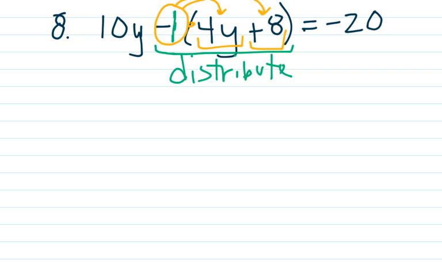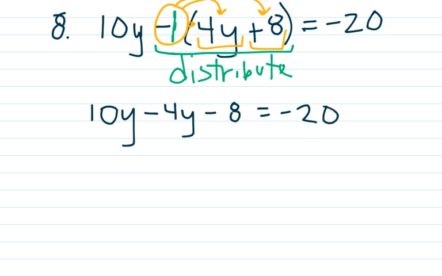So if we distribute that, we're going to end up with 10y minus 4y minus 8. And all of that will equal negative 20.